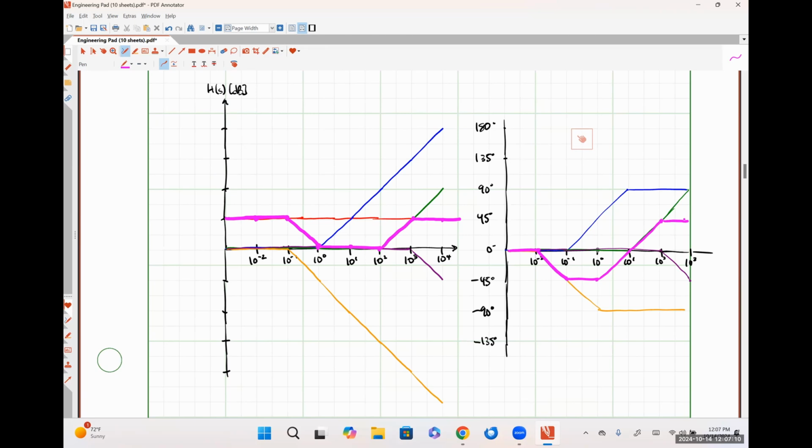And then I ran out of space, but effectively beyond this point, we would have had negative 90, negative 90, positive 90, positive 90. So we would have come back down to 0 at 10 to the 4.